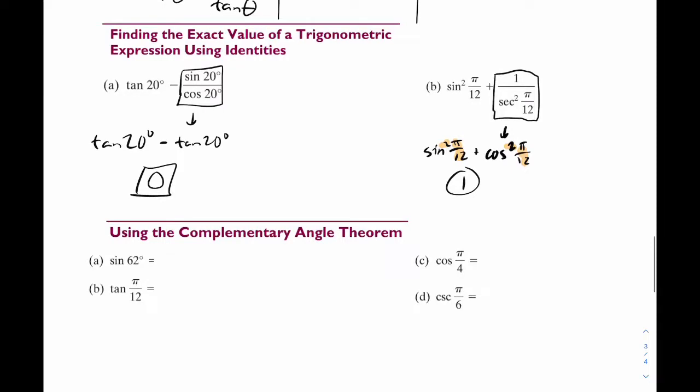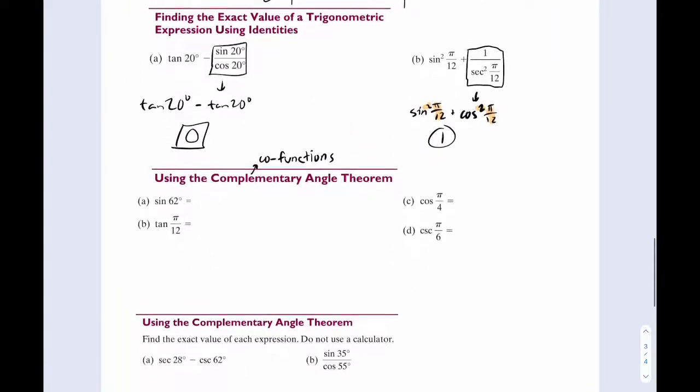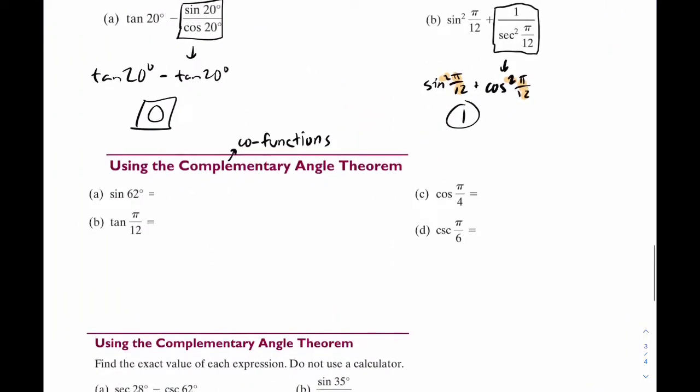Okay, next part. Using the complementary angle theorem. So this one, a lot of people refer to them as co-functions. And I'll use that as well because I think it's easier to remember. So the theorem I'm just going to show you right below it. The theorem is quite simple.